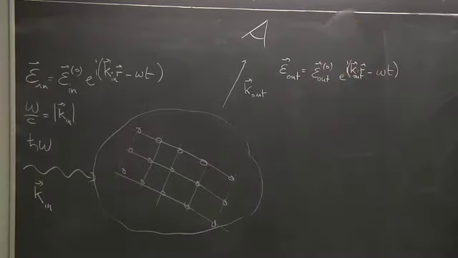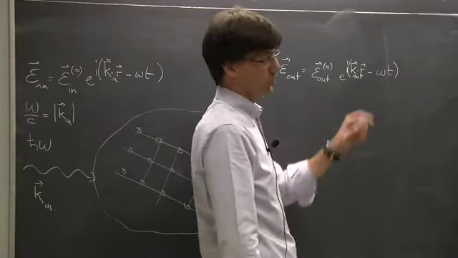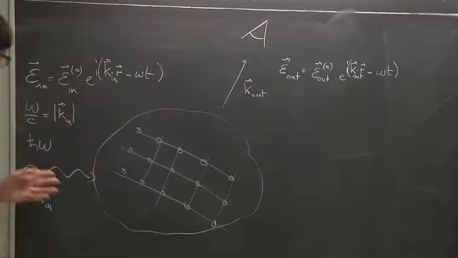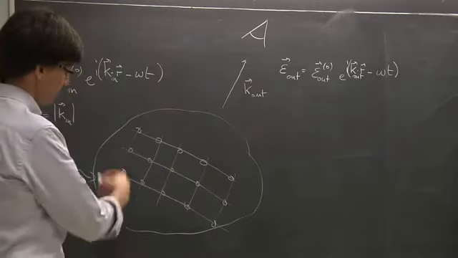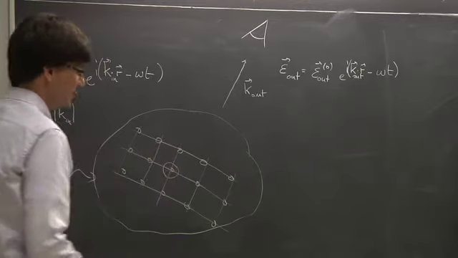Now there is certainly something that I can say about the values of k out and omega. If light has a given frequency, it will, for example, hit this atom.